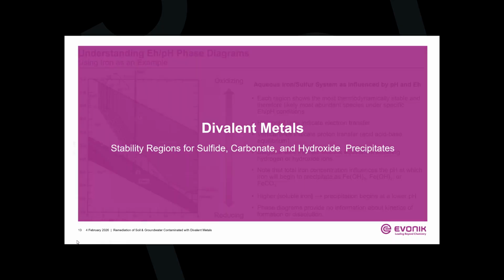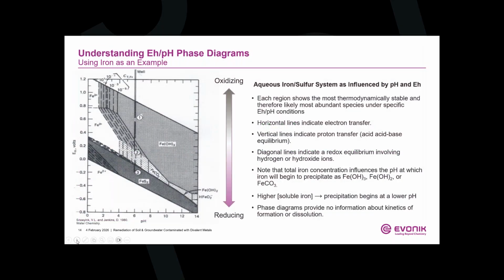In order to understand where we need to go to promote this kind of divalent metal sulfide precipitation, we should look at some phase diagrams. Before looking at phase diagrams for things like lead and zinc and nickel, let's make sure we understand what phase diagrams are actually telling us, what they can and cannot tell us.